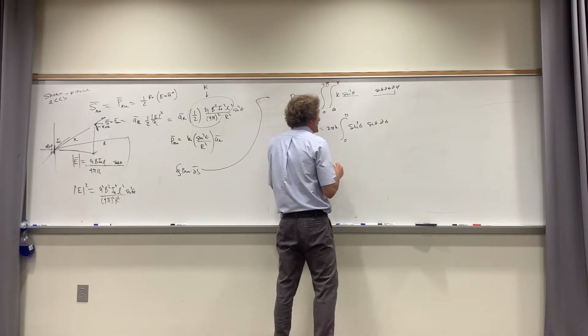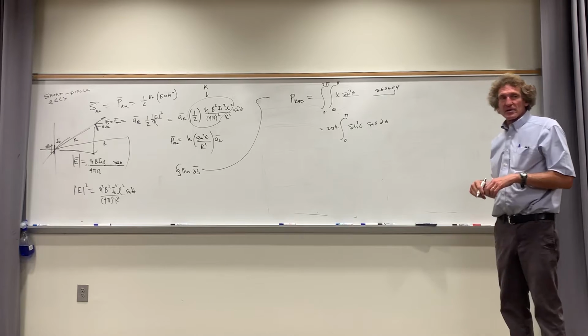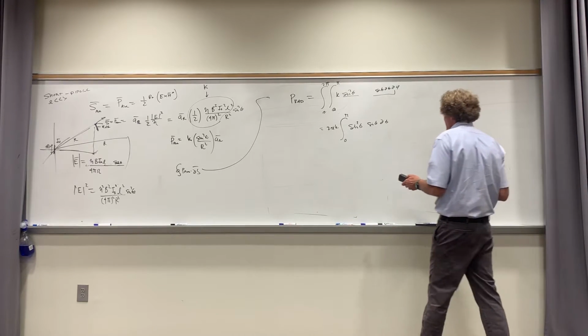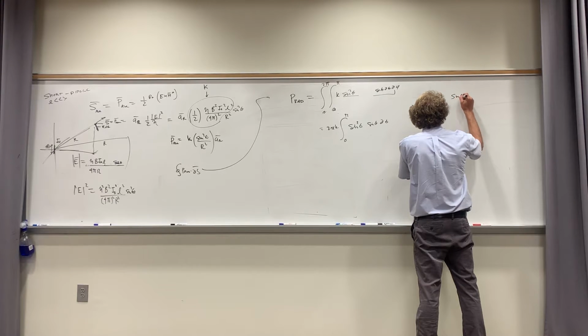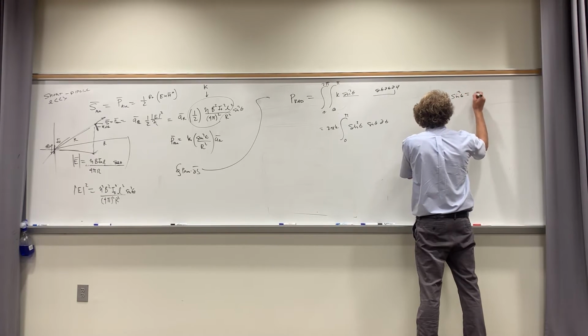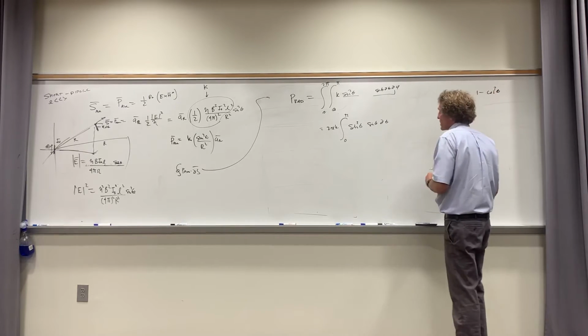Now, to do this integration, I don't expect you to know all your calculus tricks, but this is one of these things that kind of stays with you. I know that sine squared of theta is equal to 1 minus cosine squared theta, don't I?